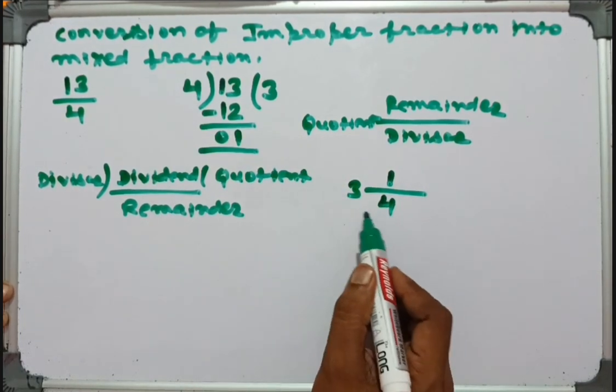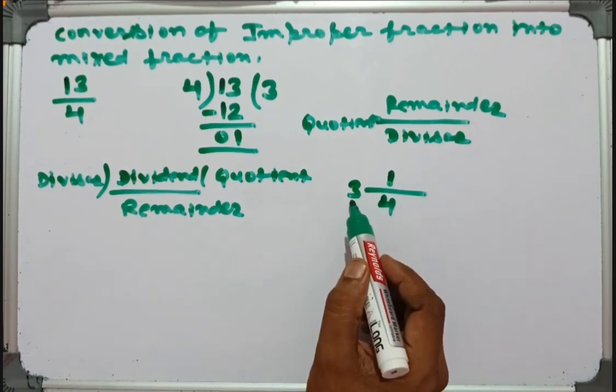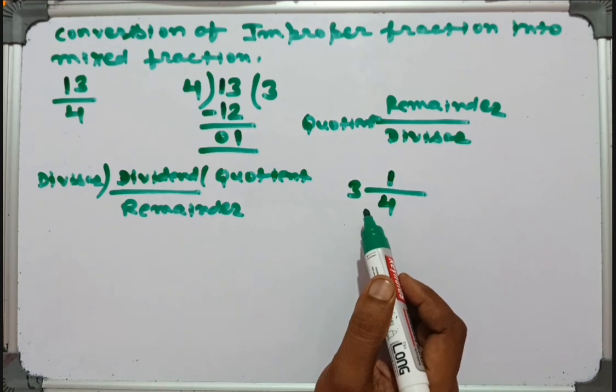So you can see here the quotient is 3, the remainder is 1, and the divisor is 4. So 1 by 4 is a proper fraction and 3 is a whole number.